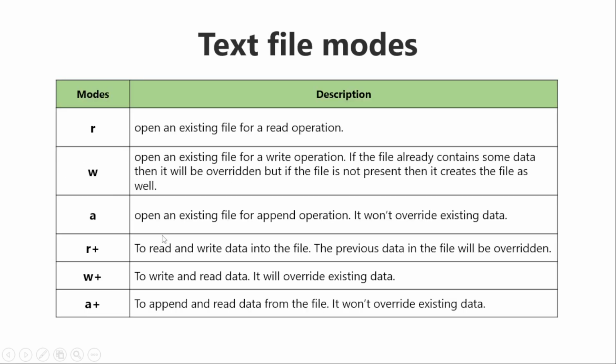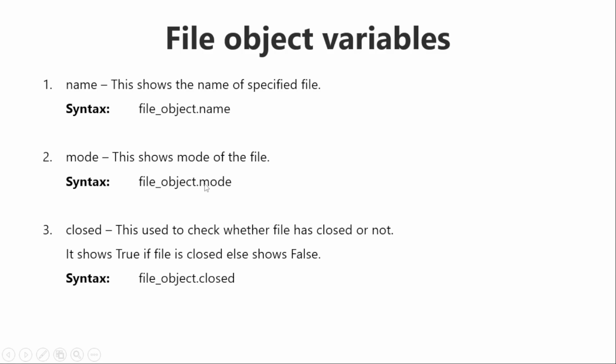If I try to explain these now, you could not get the concept clearly. So I will brief these at the end of the session, and we can move on with file objects and file methods now. I will complete these three, R plus, W plus, A plus, in the last minute of this session.